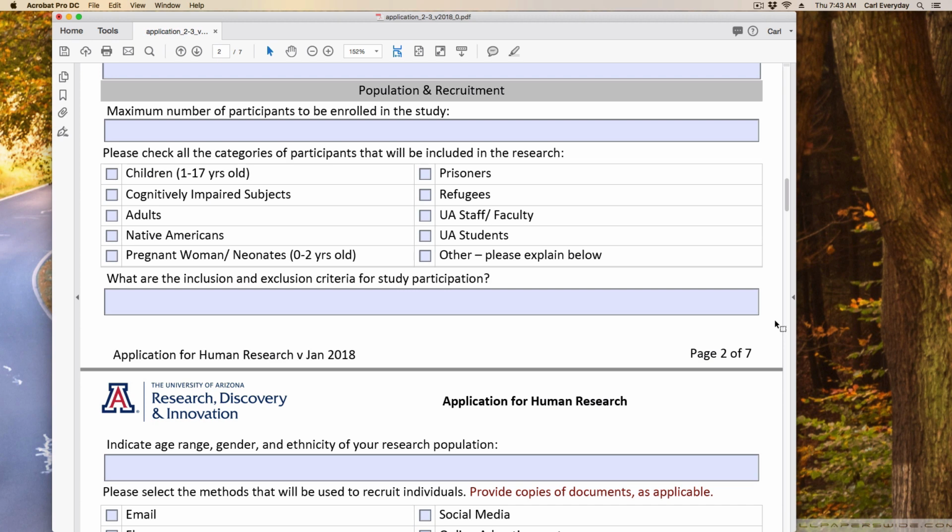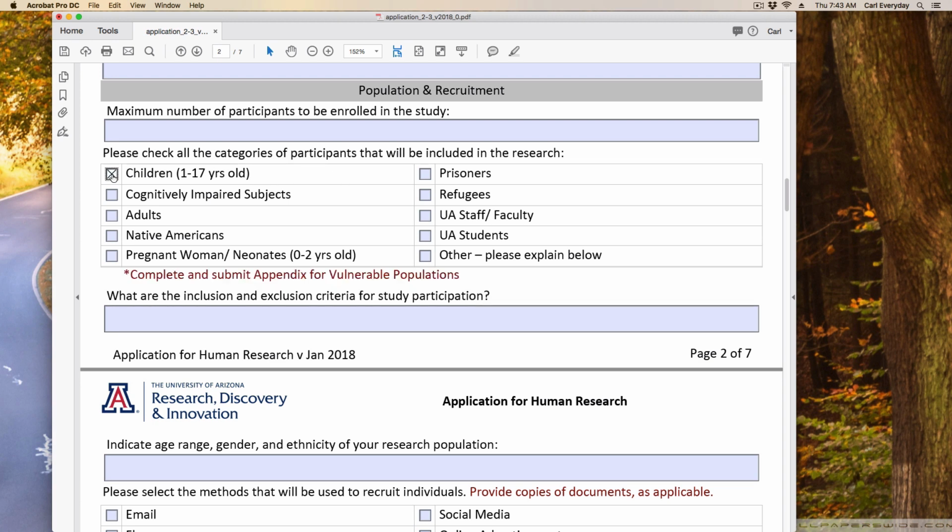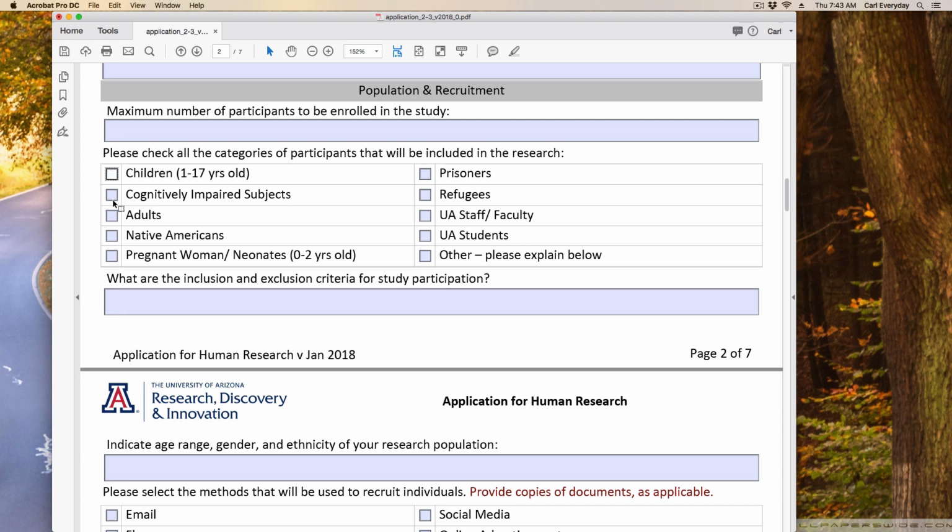Population and recruitment here is where you let them know the kinds of folks you're going to work with. But what they've done is they've kind of hidden within here all of the protected populations, right? So if you click on children, then they tell you, oh yes, you need to submit an appendix for vulnerable populations. Interestingly, cognitively impaired subjects are not a protected population.